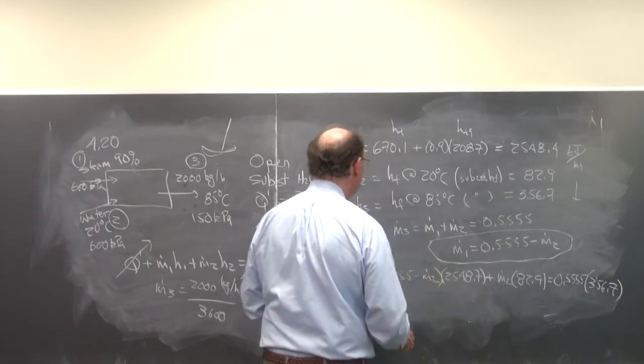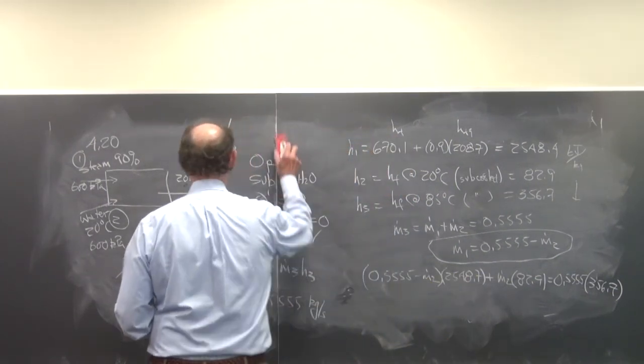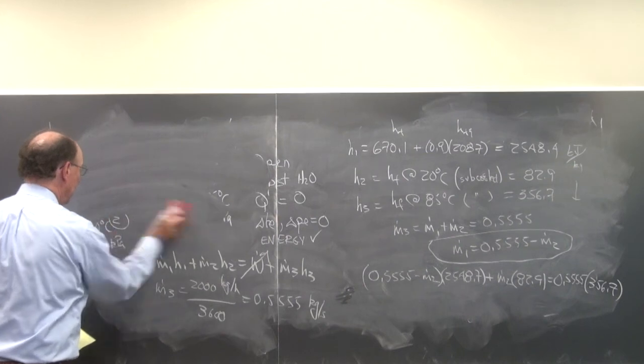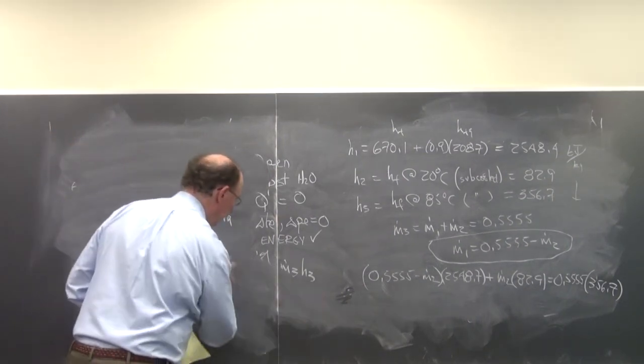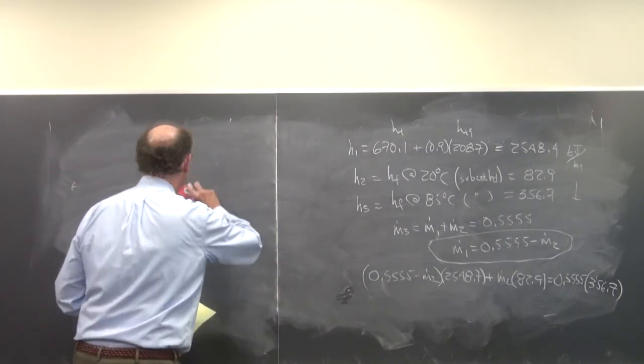And so with that, I'll solve for m dot 2 and m dot 1, and I'll write it at a higher level, so I'm not bending down to do that.